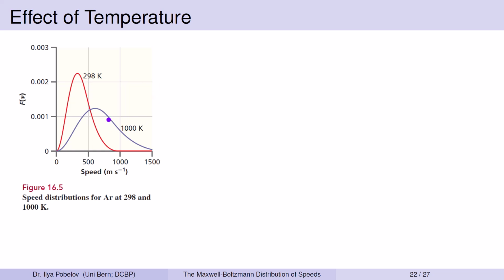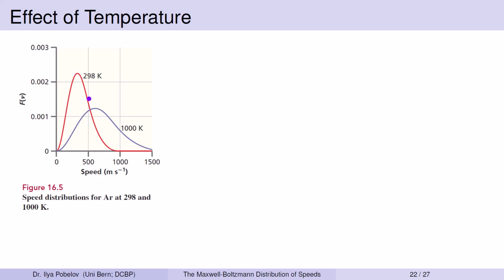Let us now explore how the Maxwell-Boltzmann distribution changes with temperature. First, take a look at this figure, which shows the distributions for argon gas at two different temperatures, 298 Kelvin and 1000 Kelvin.